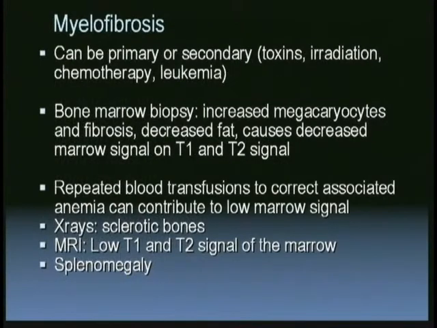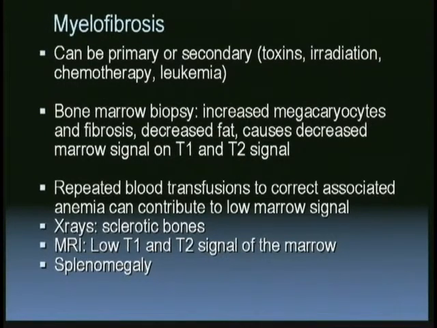So myelofibrosis can be primary or secondary. It can be secondary to cancer treatments, radiation, but it can also be primary, and the bone marrow biopsy will reveal a lot of fibrosis and decreased fat in the bone marrow.